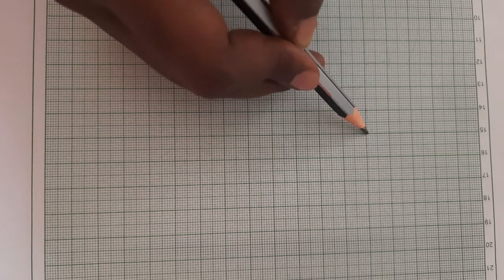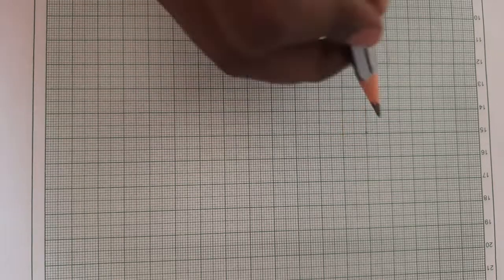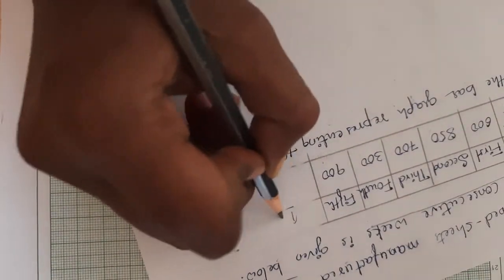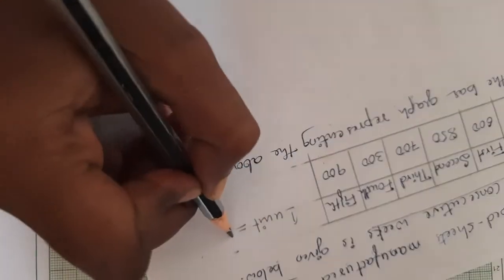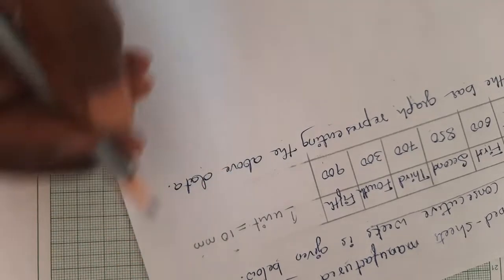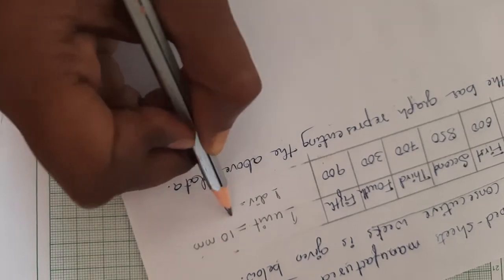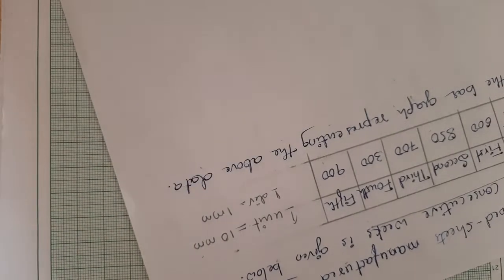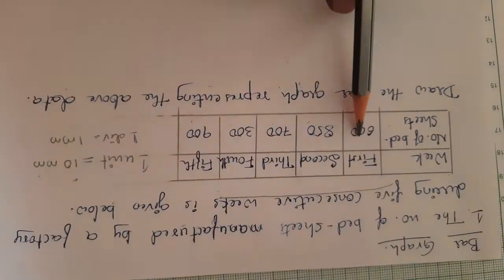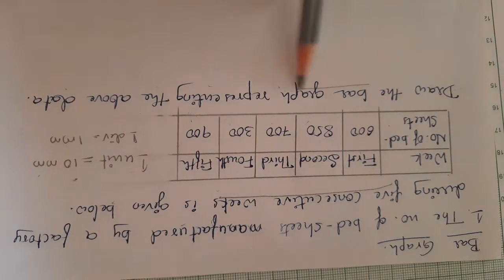So this is taken as 1 centimeter, 1 unit. 1 unit is equal to 10 millimeters. So 1 division measures 1 millimeter. Now let me represent this given data in the graph sheet as a bar graph.